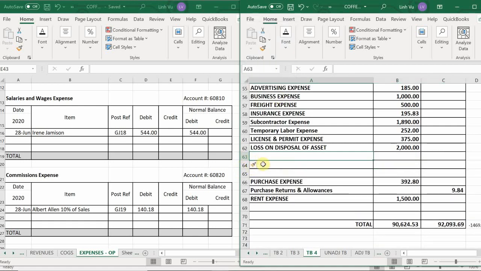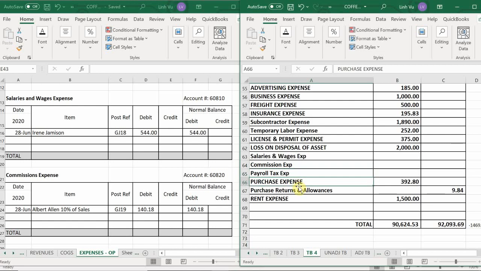Okay. And first one I have is salaries and wages expense. Okay. And commissions expense and payroll tax expense. Okay.